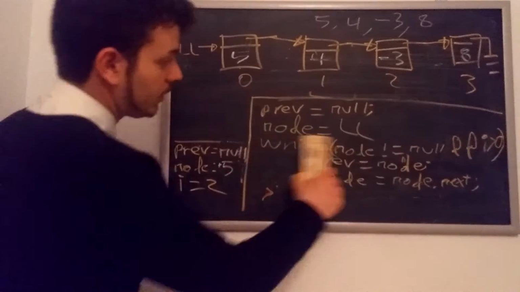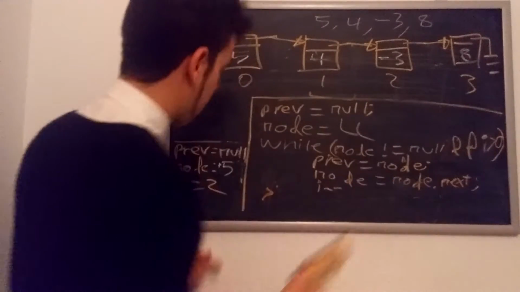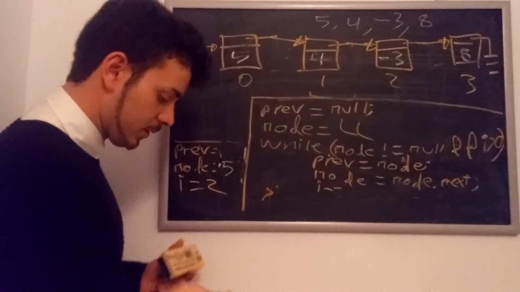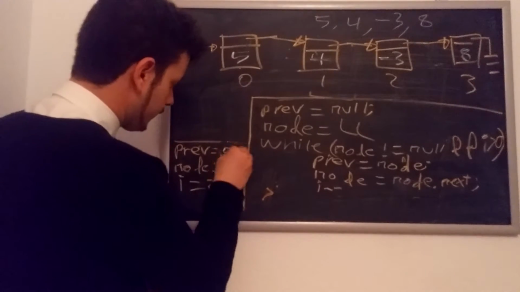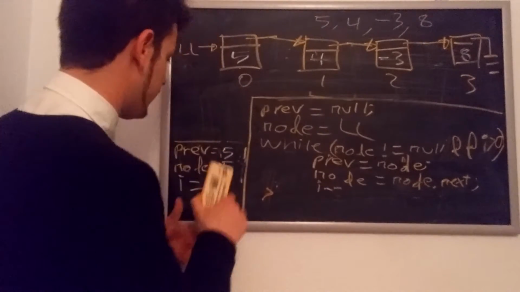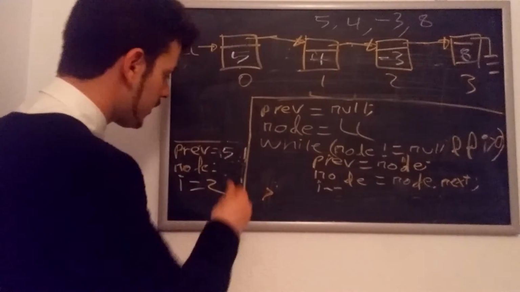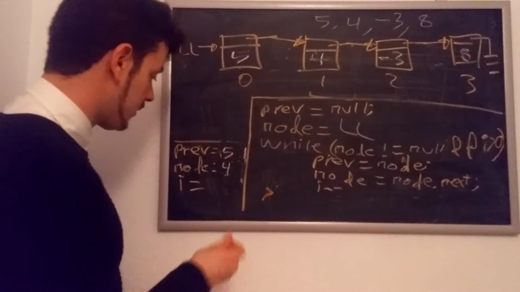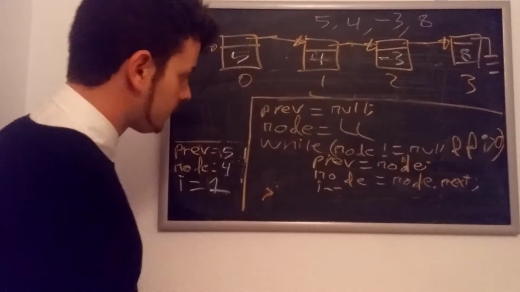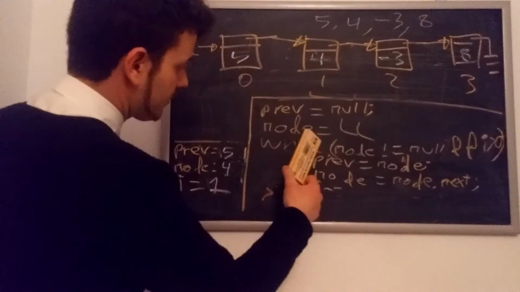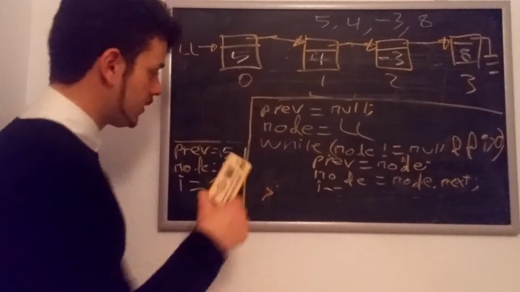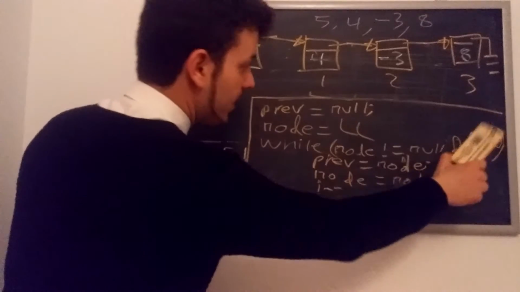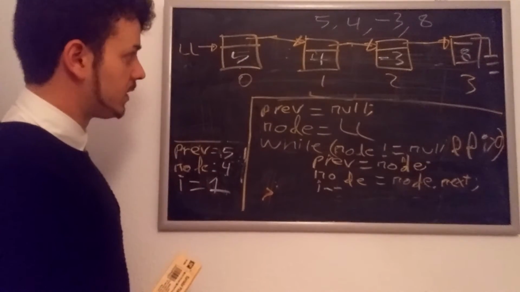So we do while node different from null and I is bigger than 0, prev equals node, prev now equals 5. Node equals node next, which is 4. And we decrement our counter, I is now 1. We go back to the evaluation of the while loop. Node is different from null, and I is bigger than 0.